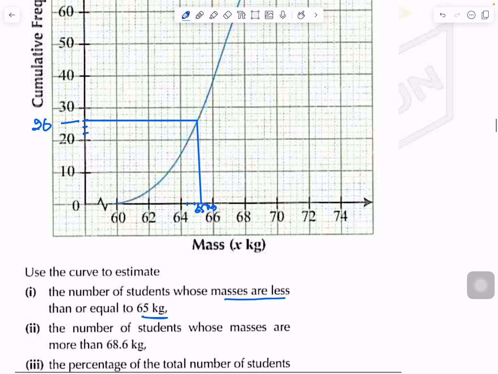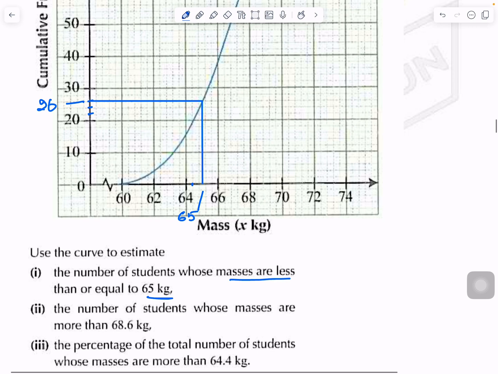Now the size of the pen is very thick here, but anyway, 65 was in the middle here. So this one was 65. Next, the number of students whose mass is more than 68.6 kg.